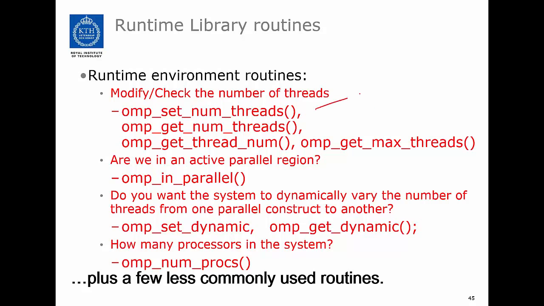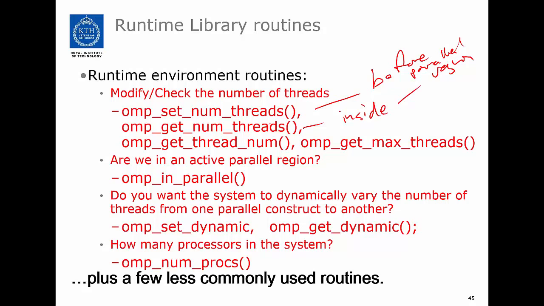There are some other functions that are useful. We can set the number of threads to be used in the next parallel region. So this has to be called before a parallel region. This one is used inside a parallel region.